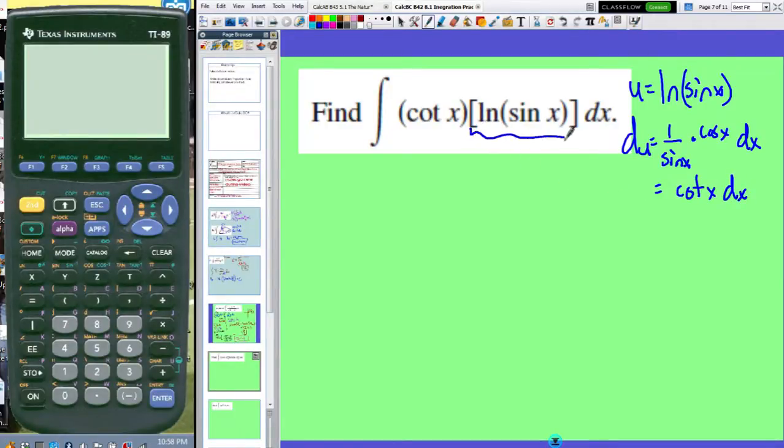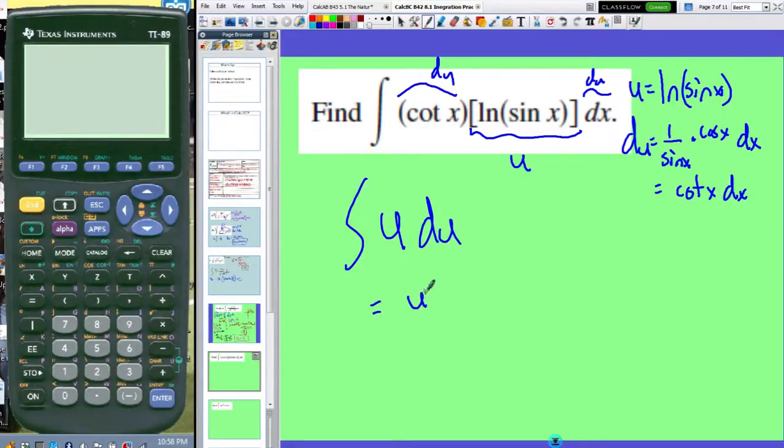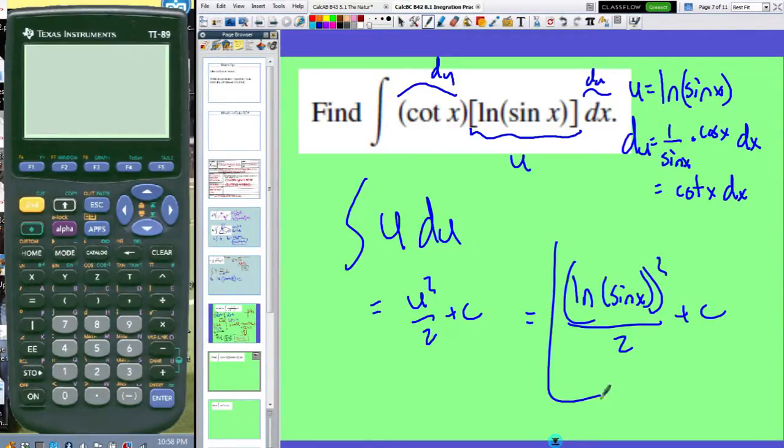So this part's my u, and these two parts are my du. So they combine. This is just the integral of u du, which is u squared over 2 plus c, which comes out to ln of sine of x squared over 2 plus c.